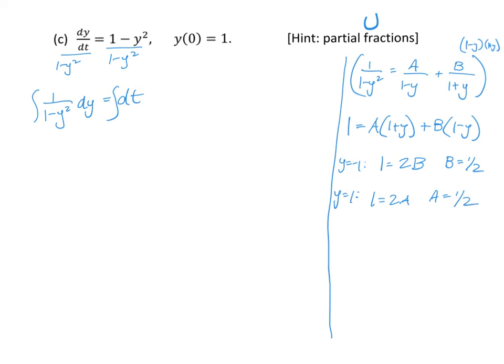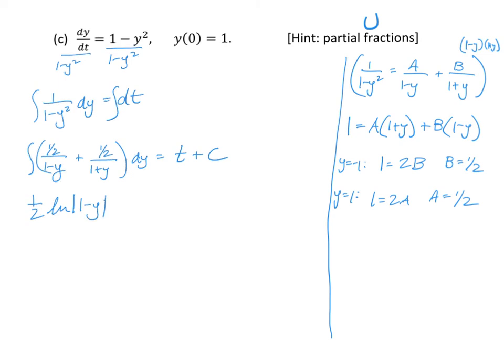So I can change my integral now to be the integral of a over 1 minus y, so 1/2 over 1 minus y, plus b over 1 plus y, so 1/2 over 1 plus y, dy equals t plus c. And then integrating this term by term, you get 1/2 ln of 1 minus y.